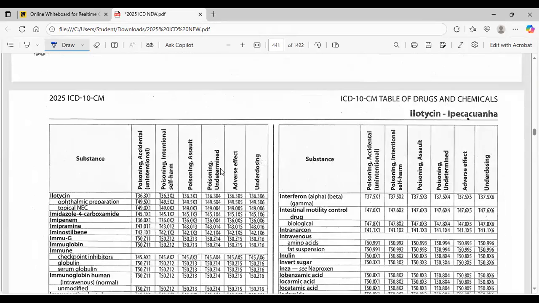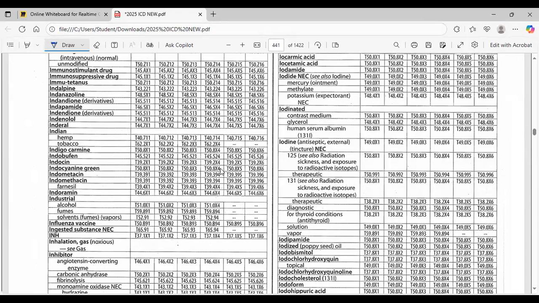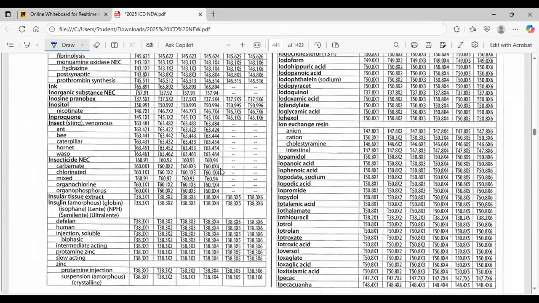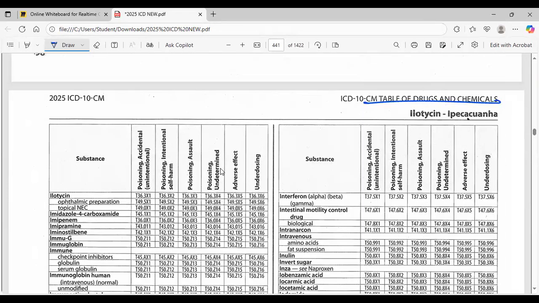Then from the table of drug and chemical, you have to look for insulin and pick whether it is an overdosing or an underdosing. For overdosing, you have to refer to poisoning accidental.